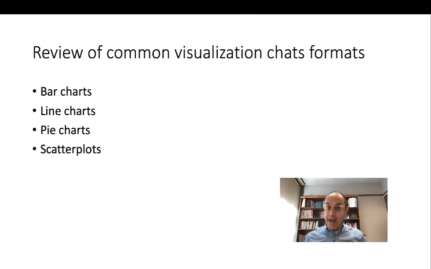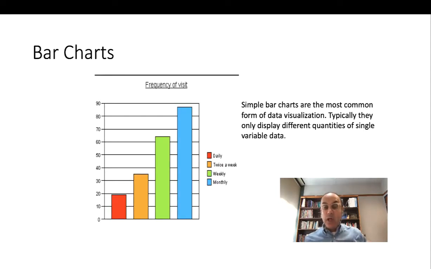But again, I want to become more specific, and I'll try to do that by showing you an example. If we take a review of common chart formats, such as bar chart, line chart, pie chart, and cluster plots, you will see that usually it doesn't allow us to apply many variables.